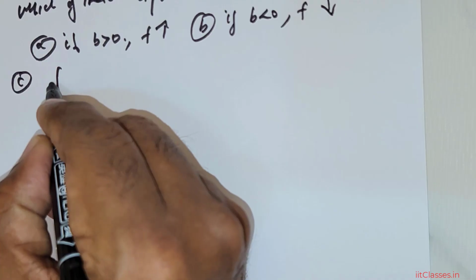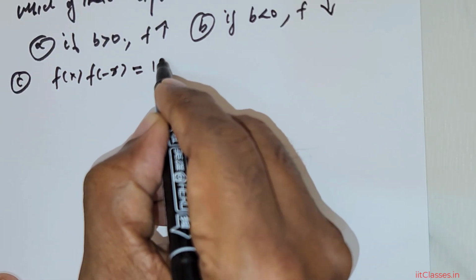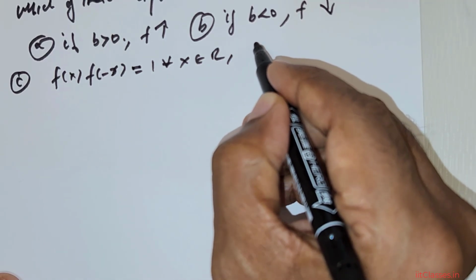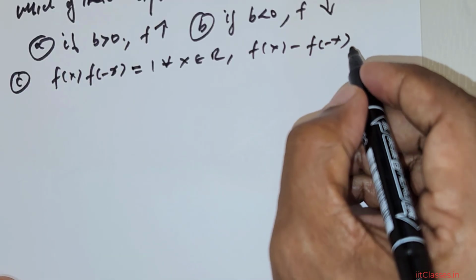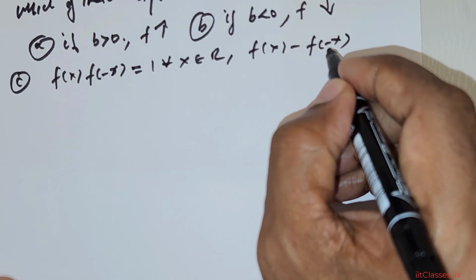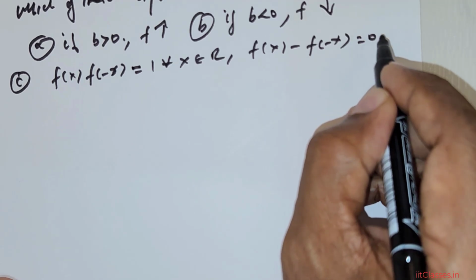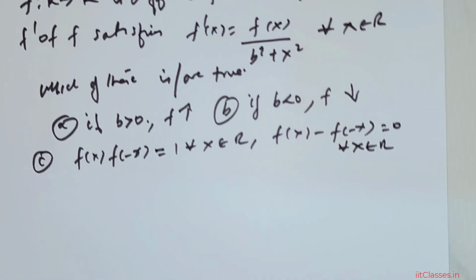And choice C: f of x multiplied with f of negative x is equal to 1 for every x element of real numbers. And choice D: f of x added with f of negative x, or I would say added with negative f of negative x, will give you 0 for every x element of real numbers.